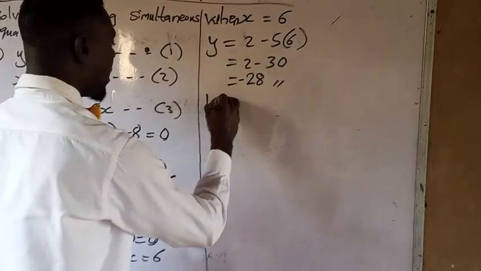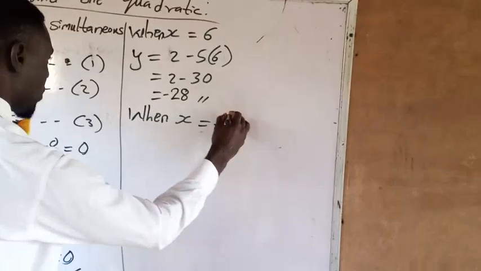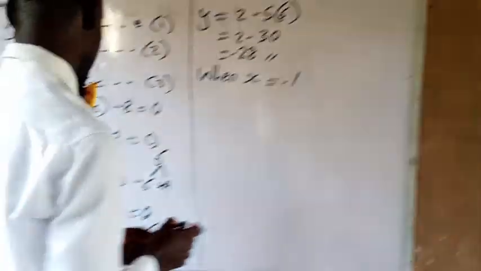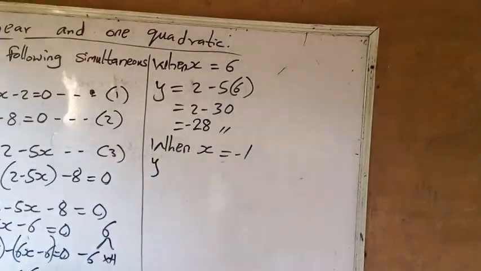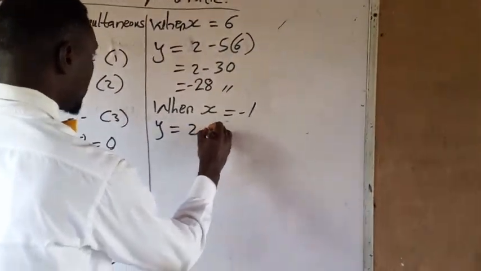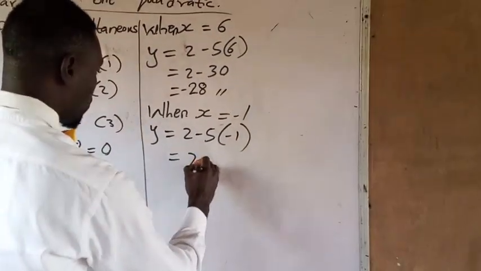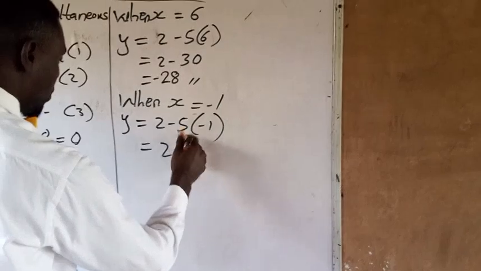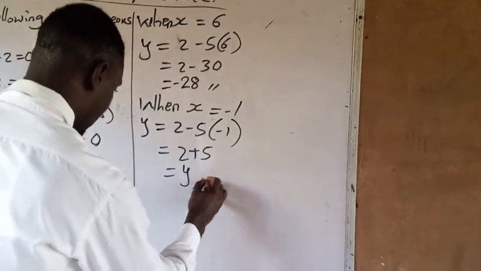Now, what happens when x is equal to minus 1 in equation 3? Remember, we have gotten x, and now we are trying to get our y. That means we have 2 minus 5 times minus 1, which should give us what? If you multiply these two, it will give us plus 5, so 2 plus 5 gives us 7 as our final answer.